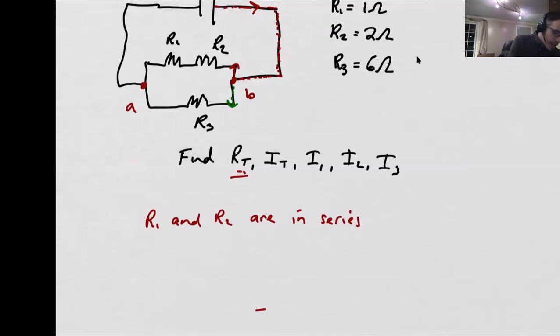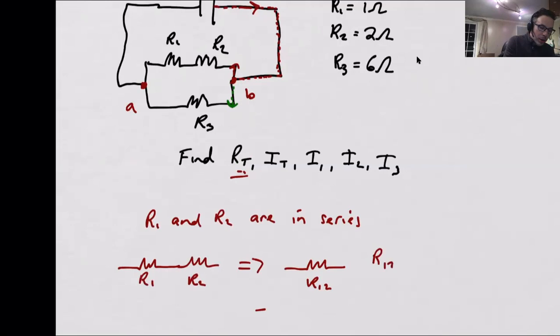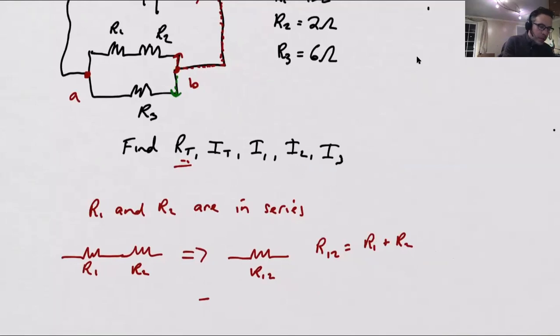Which means that this combination of R1 and R2 could have been replaced with a single resistor that I'll call R12, such that R12, according to our resistor rules, that in series we just add the 2 resistances, which is going to be 1 plus 2 or a 3 ohm resistor.